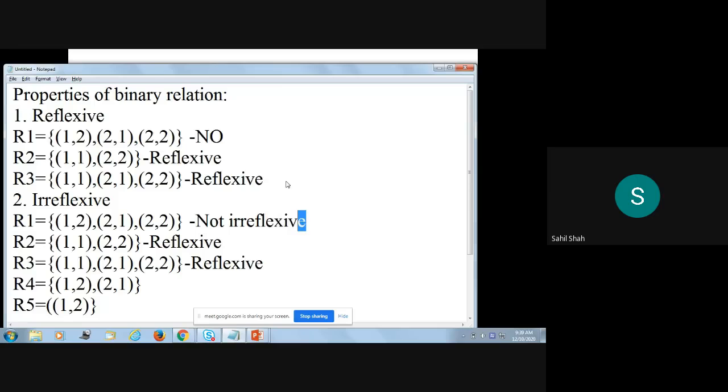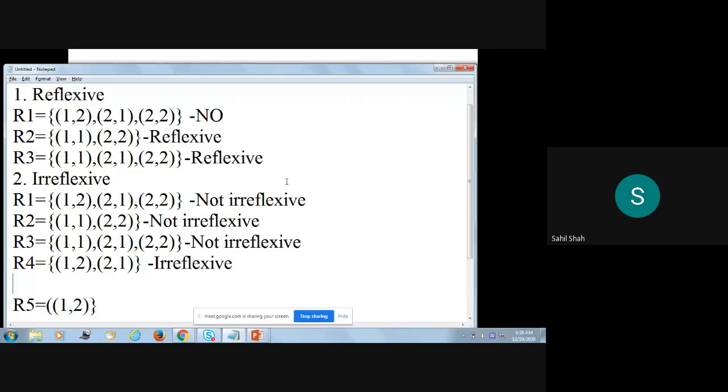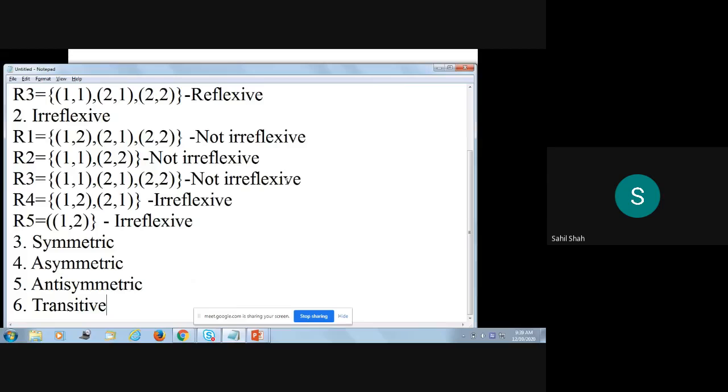So is the case here also, and here also. How about this? Yes, this is irreflexive. Further to this, R5 is also irreflexive. Is it fine? Okay, so let us proceed.